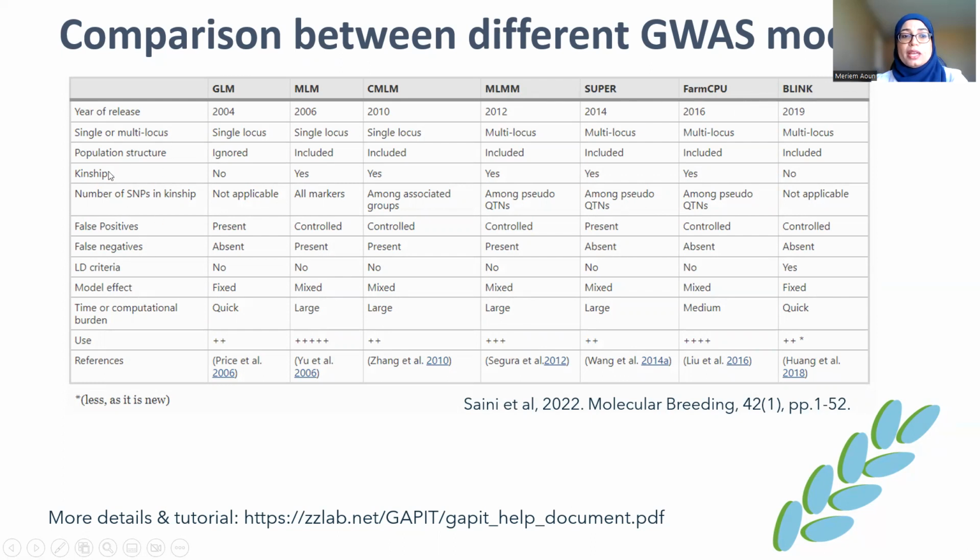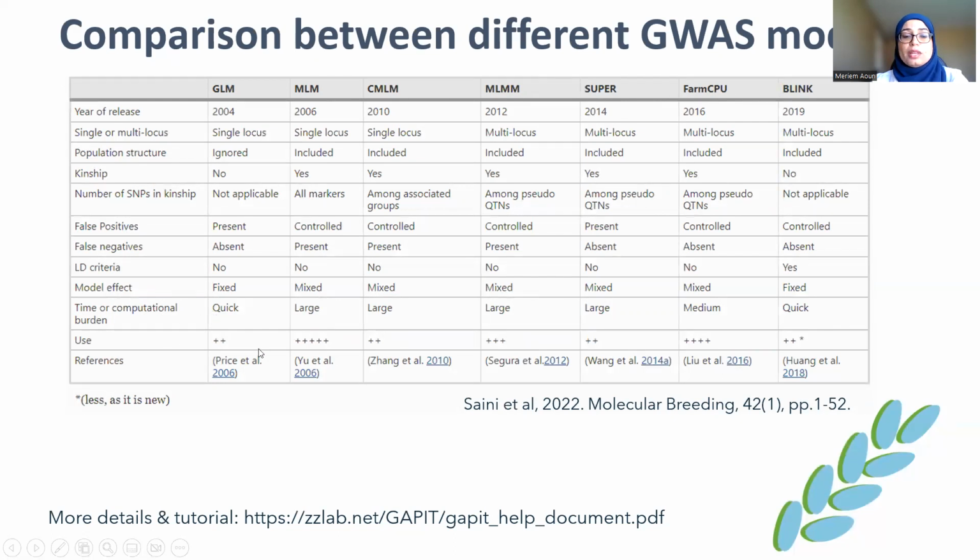Here you can see whether they account for population structure and kinship, how they do in terms of controlling false positives and false negatives, and the computational time, which is important, especially if you are running several traits.